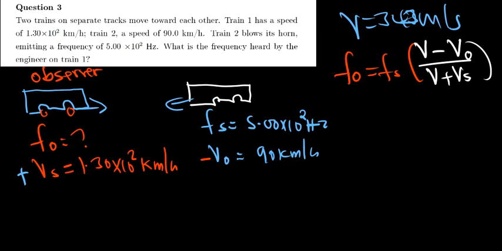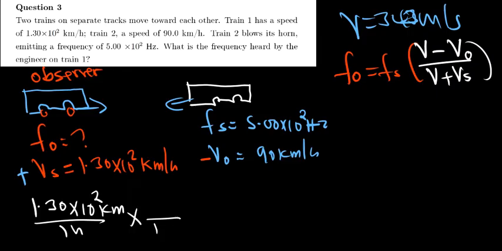Now let's try to plug in the values. But first of all, we have to convert this from kilometers per hour to meters per second. Let's start with this one. This is going to be 1.30 times 10 raised to the power 2 kilometers divided by 1 hour, times, in 1 kilometer how many meters do we have? We have 1,000.